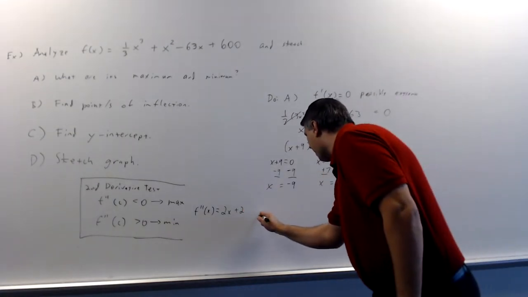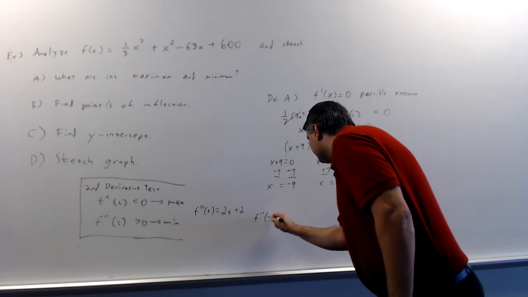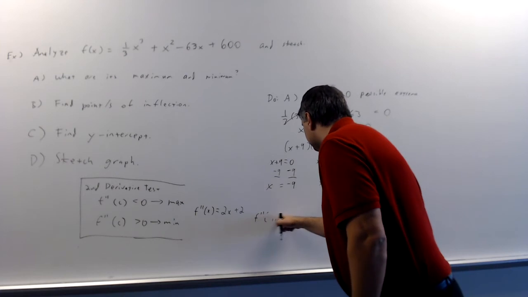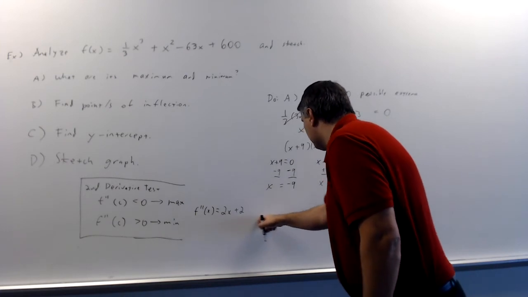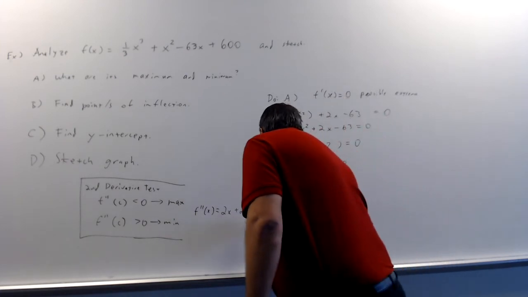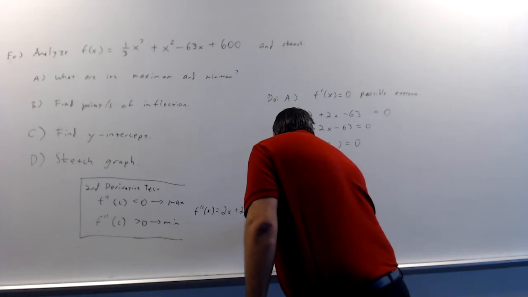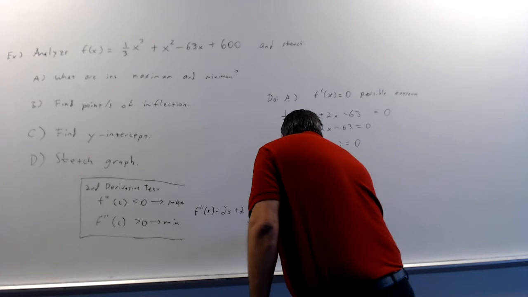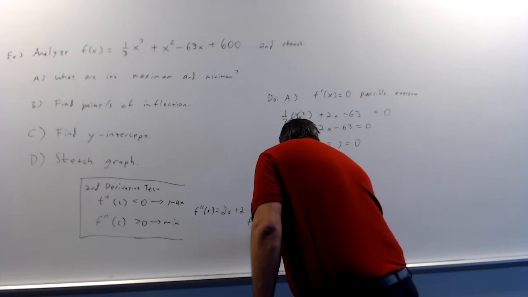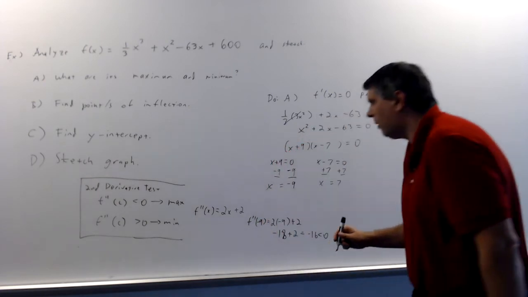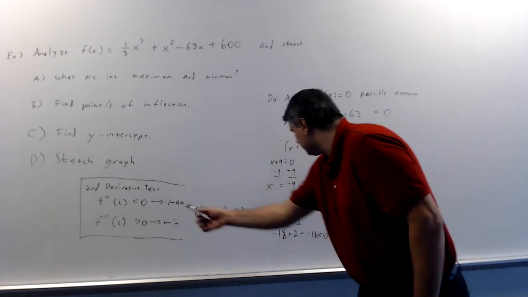So f double prime of negative 9 is 2 times negative 9 plus 2. Negative 18 plus 2 is negative 16, which is less than 0. That is a max.